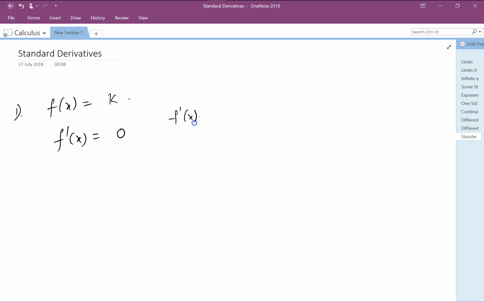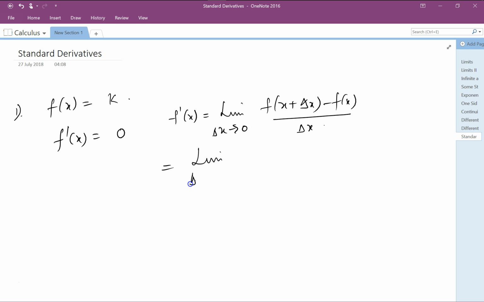f prime of x is equal to limit as delta x approaches 0 of f of x plus delta x minus f of x divided by delta x. Now f of x plus delta x would be what?